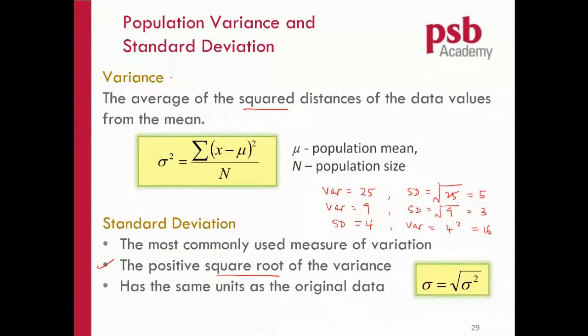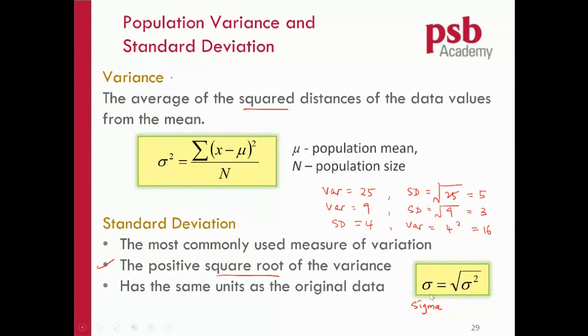Again, because we have two sets of data, we have two sets of formulas. The standard deviation of a population is called sigma.